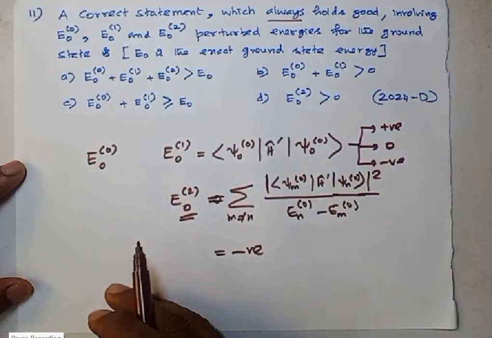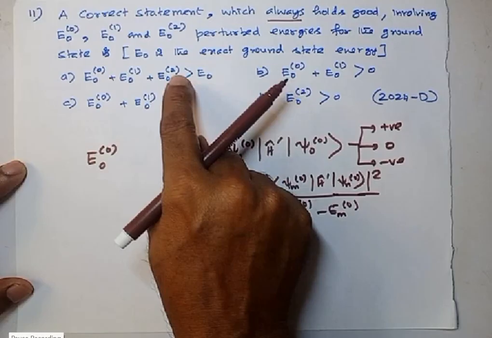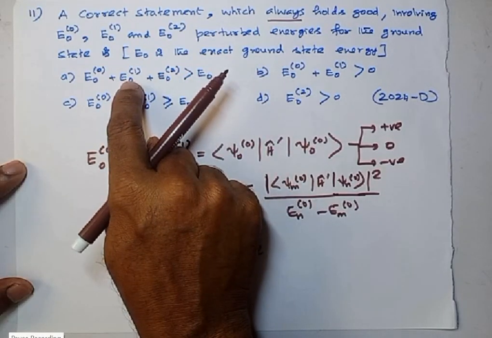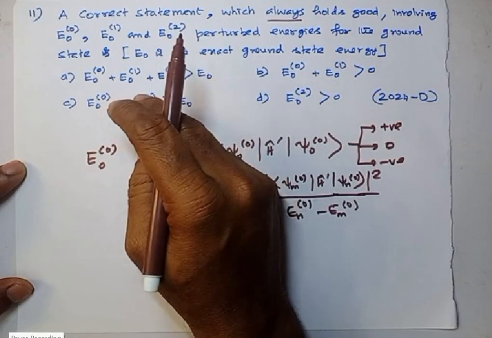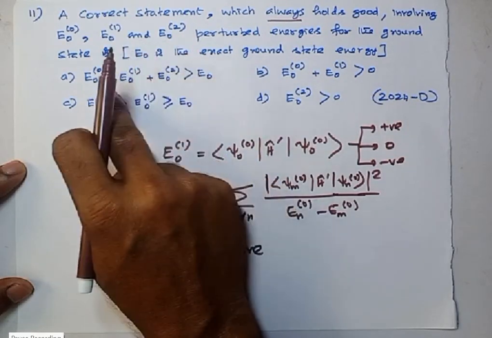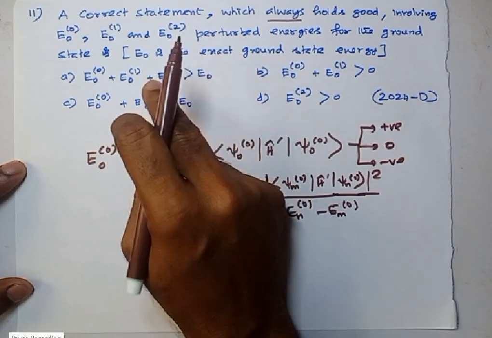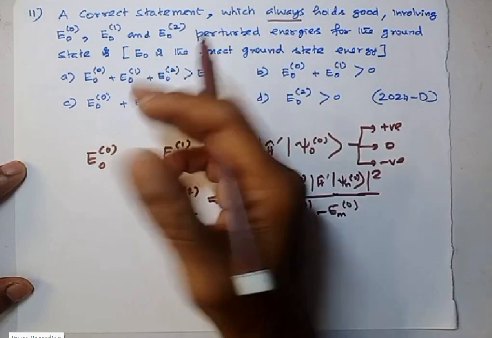Not necessary. Why? Because the second order correction for the ground state is always negative, while the first order correction can be positive or negative or 0. It can be anything. Therefore, the sum of these three may be greater than E naught, may be less than E naught, may be equal to E naught.